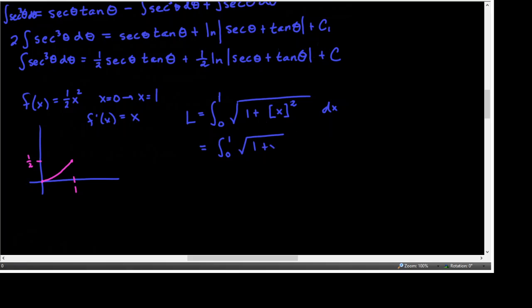So our a squared is 1, which means a is 1. Our u squared is x squared, which means our u is x. And then we're going to substitute for u with a tangent theta, so 1 tangent theta.